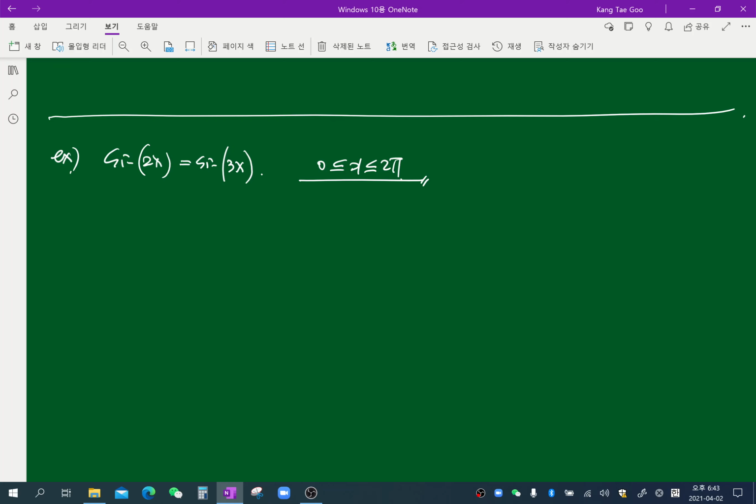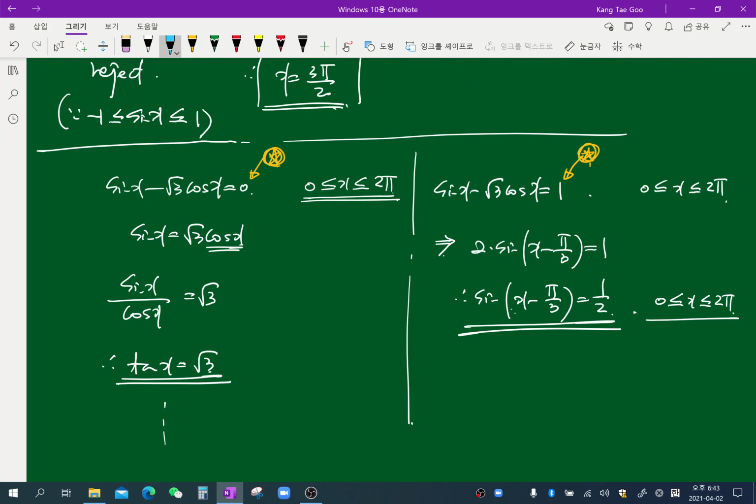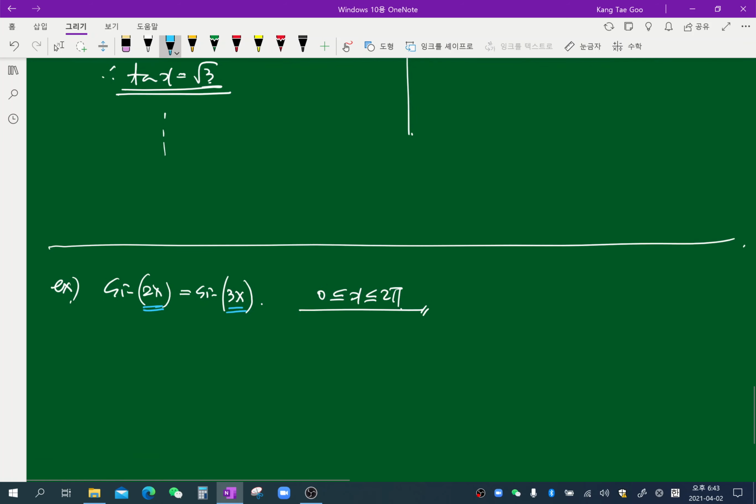Then how can we solve this? This is a totally different question. Why? We have different angles inside the sine, right? That's the most difficult part. Previously, even though we had sine and cosine, we had the same angle, x and x. But now that is different.